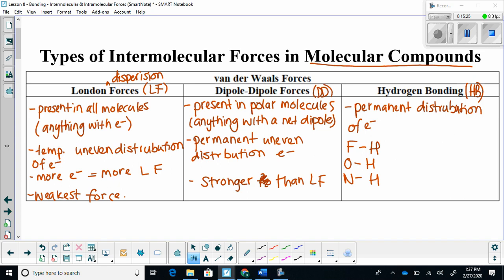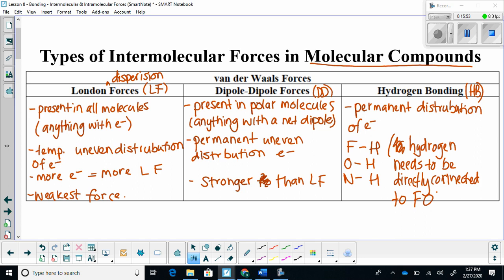Okay, so to summarize this point, hydrogen needs to be directly connected to fluorine, oxygen, or nitrogen, which is shortened for FON.